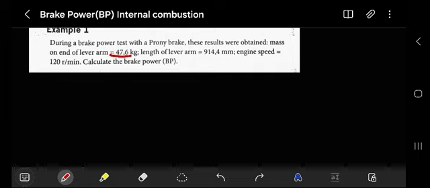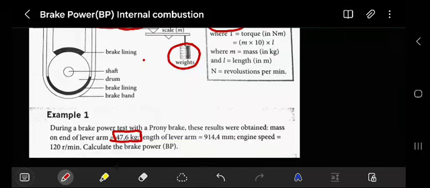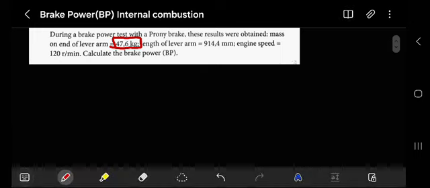At the end of the lever arm we'll have the mass, the weight there. And then the length of the lever, which is the radius, 914.4. Our radius is that. The engine speed is given there.